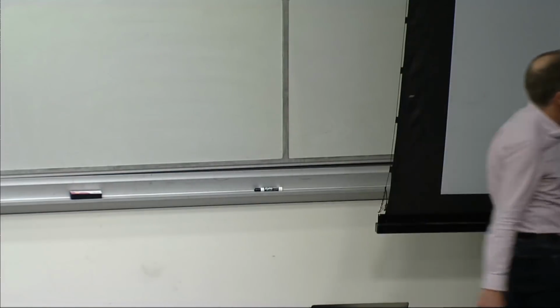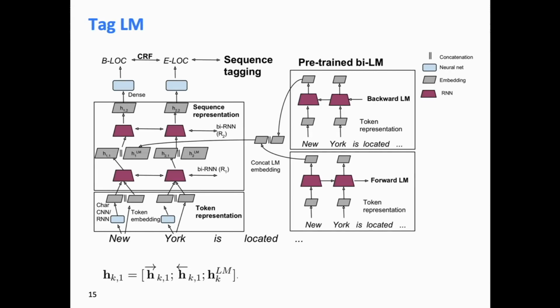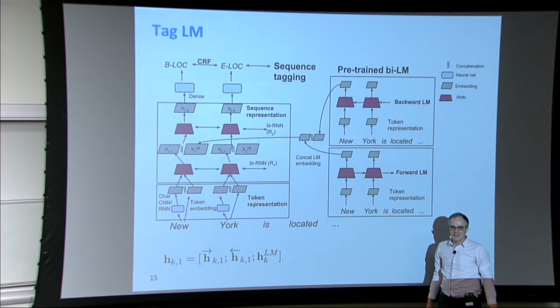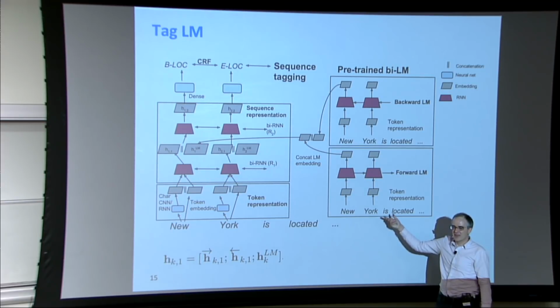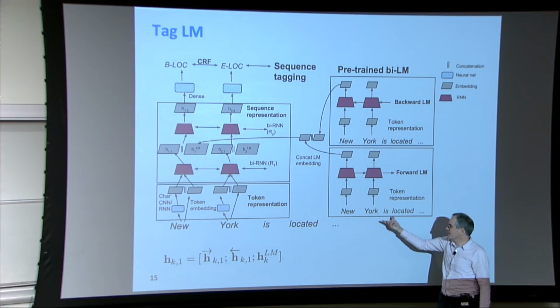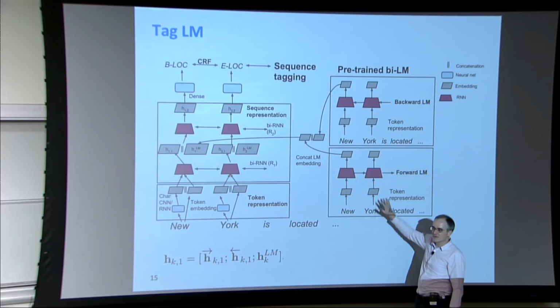It's pre-trained because this piece over here, a big neural language model, is trained first. And there's an important thing I forgot to say, so thank you for the question. The main reason why it's in some sense pre-trained is this was trained first. But the main reason why people think of this as pre-training is that after you've trained this, it is frozen.